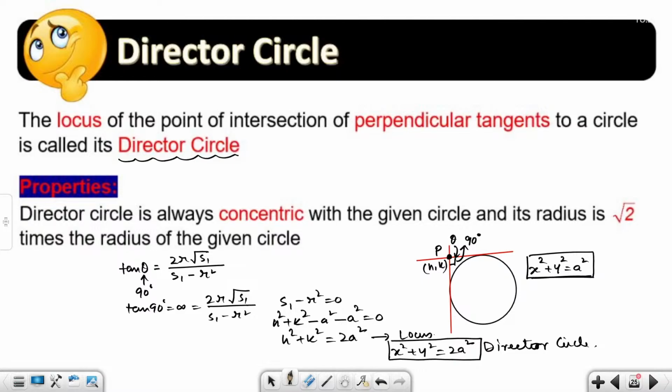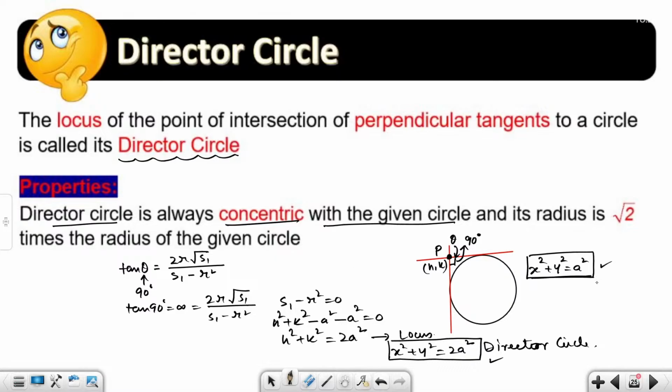Now, can you observe one thing? The given equation was x square plus y square equals a square, and the director circle we got is x square plus y square equals 2a square. So we can easily see that the given circle and the director circle are concentric. That is why I have written that the director circle is always concentric with the given circle.